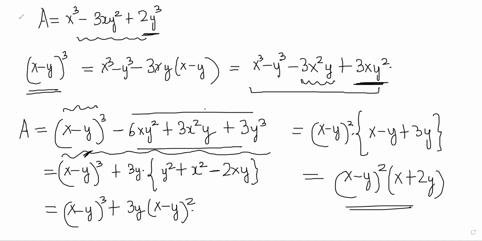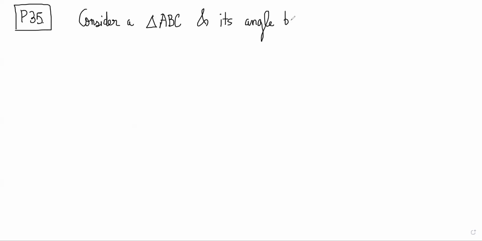Okay, problem 35. Consider a triangle ABC and its angle bisectors AD and BE.